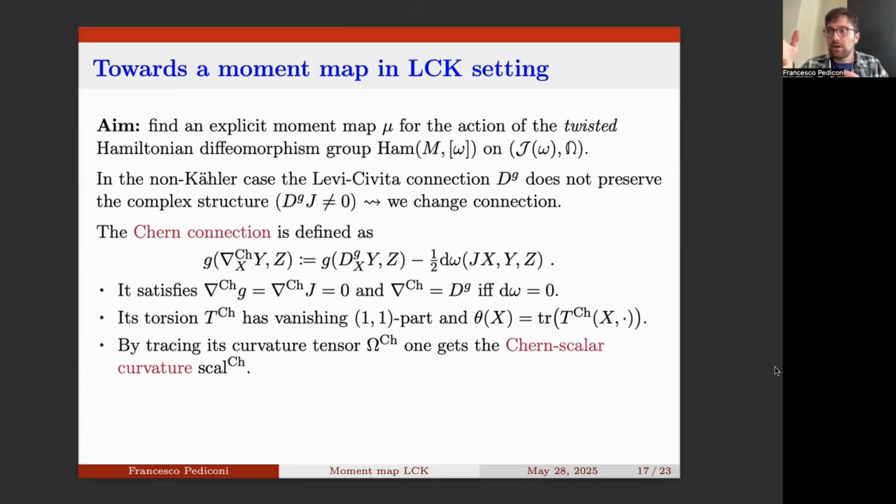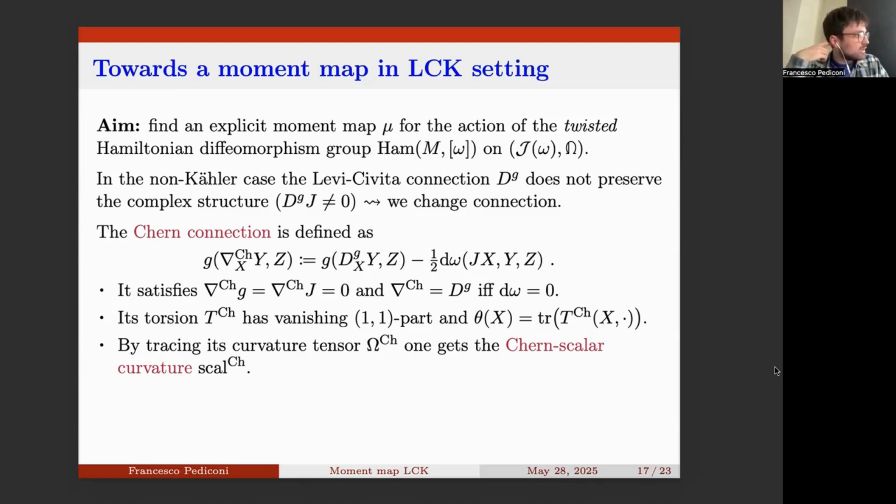There's a famous work by Gauduchon about that, and basically he described a whole one-parameter family of these connections, which is a affine line passing through two distinct points that are the Bismut connection and the Chern connection. So for the aim of this talk, we're going to focus on the Chern connection, which is defined by the following formulas. This is a linear connection that leaves both g and J parallel and coincides with the Levi-Civita connection if and only if the underlying metric is Kähler.